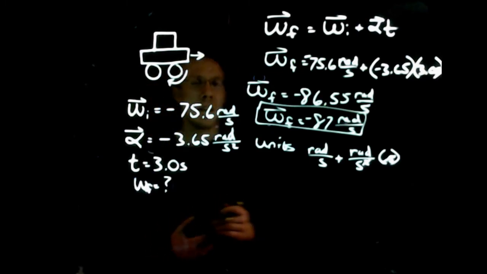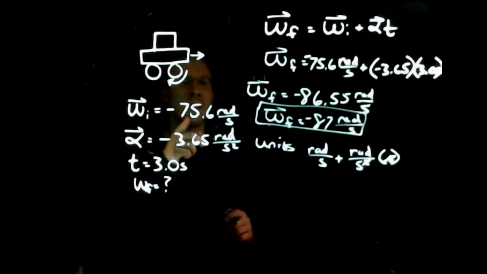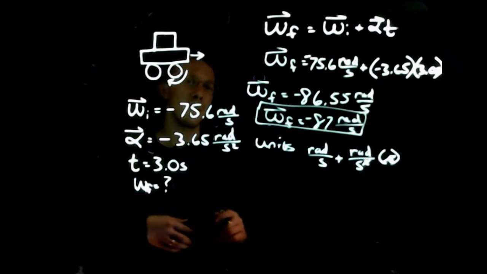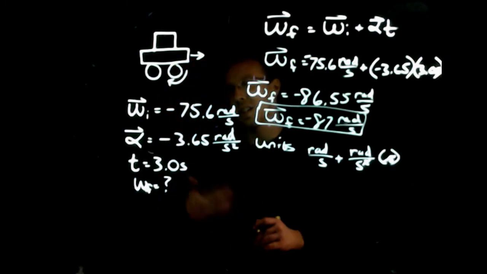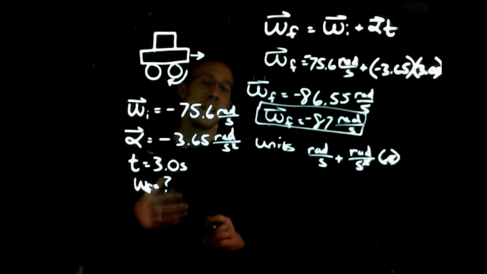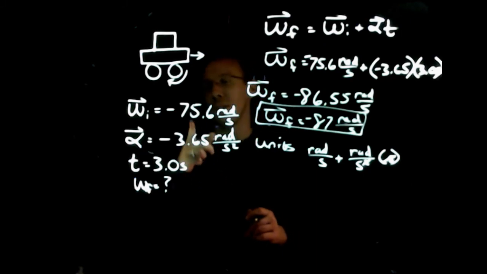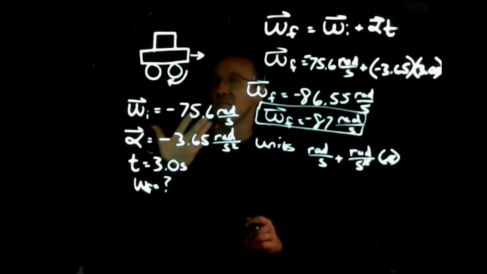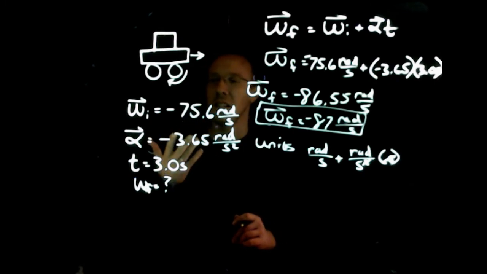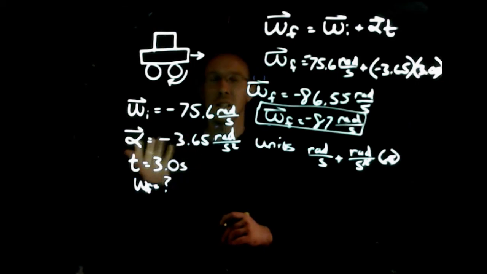Right? Now you notice how I said over here that this 75.6, I said that's about 12 times around in 1 second. And that seems pretty fast. You know, in later videos, when we go over tangential velocities and stuff like that, if I remember, we can go back and determine if this is actually realistic.